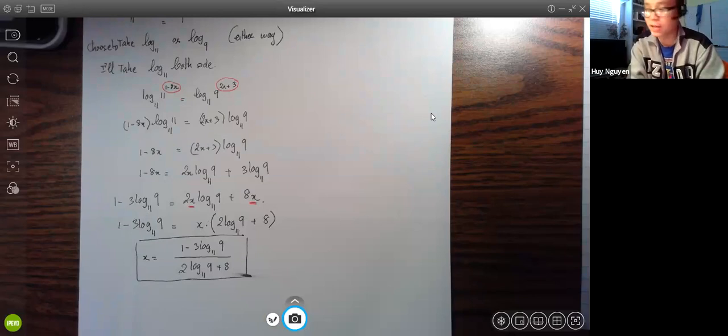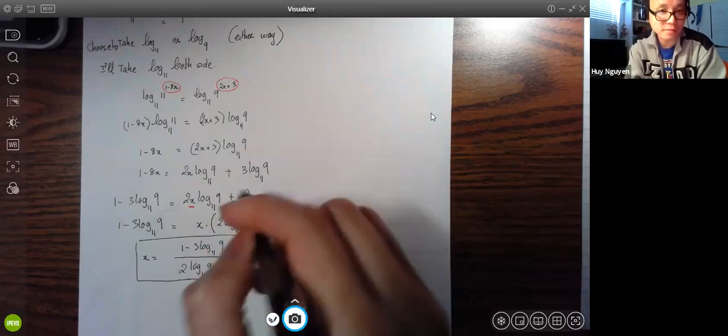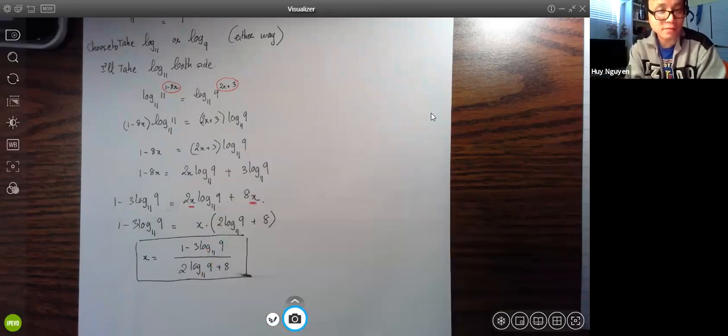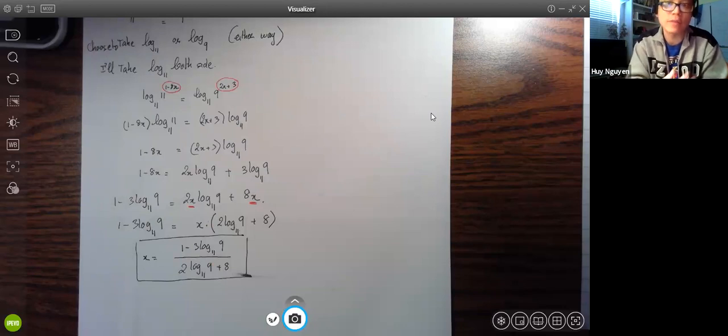Okay. So when you do the steps, make sure you do them carefully, because you don't have time to go back and check. Even though I will say that you should check, because for every logarithmic equation you have to go back and check, come on, I'm not going to waste 10 minutes to go back and check this.